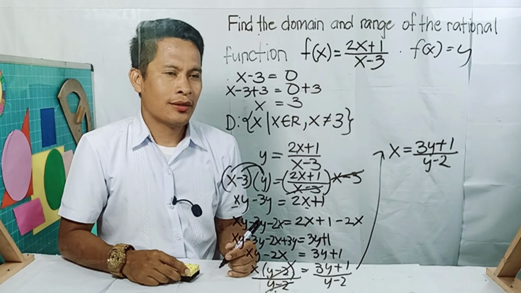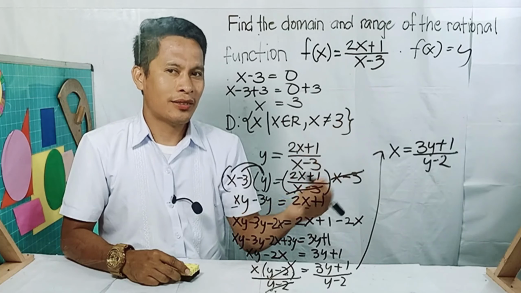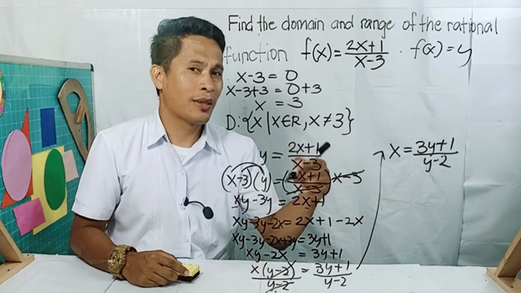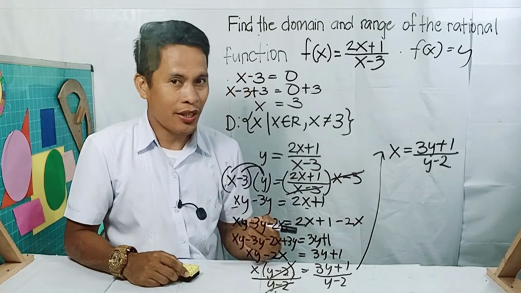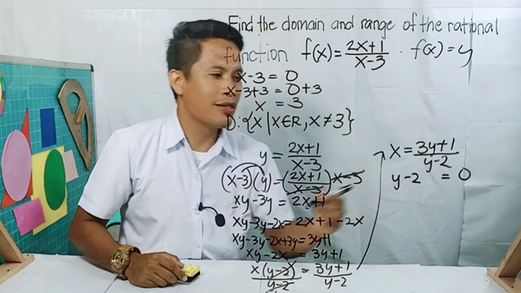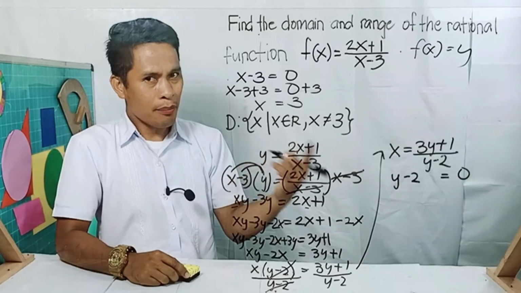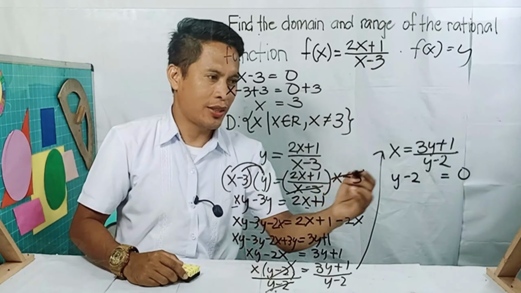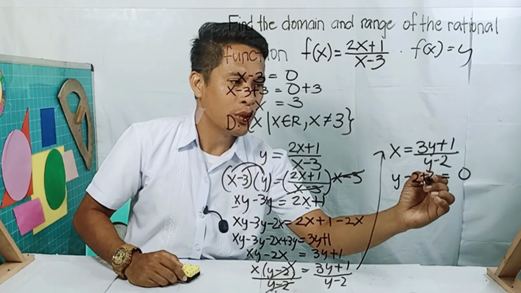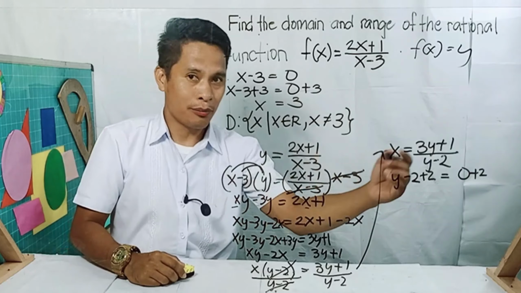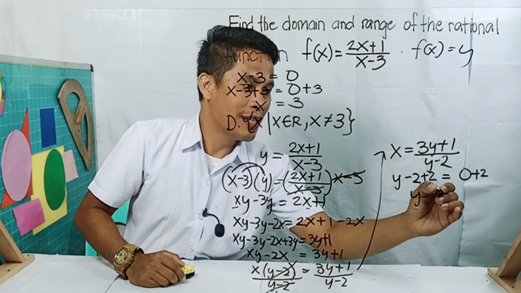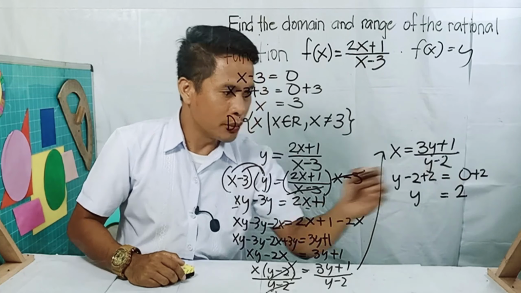Let's find the range of our rational function by equating our denominator to 0. y minus 2 equals 0. Let's apply addition property of equality by adding positive 2 on both sides of the equation. Negative 2 plus 2 is 0. 0 plus 2 is 2.